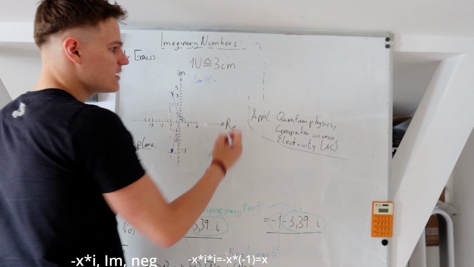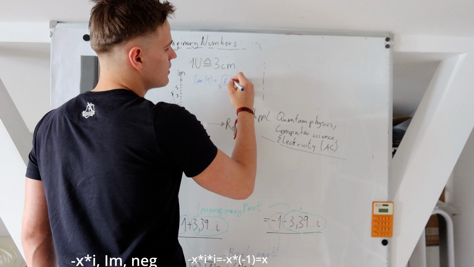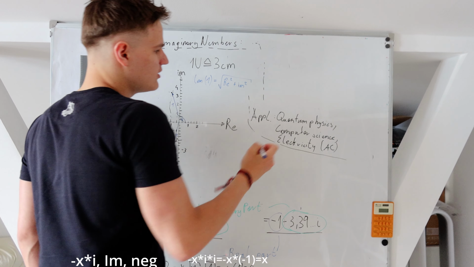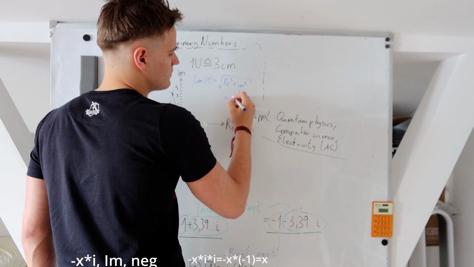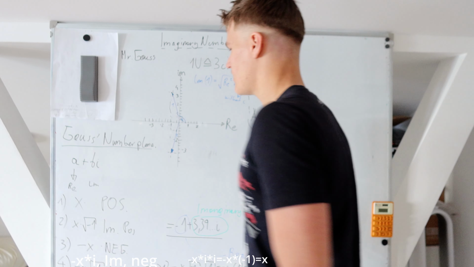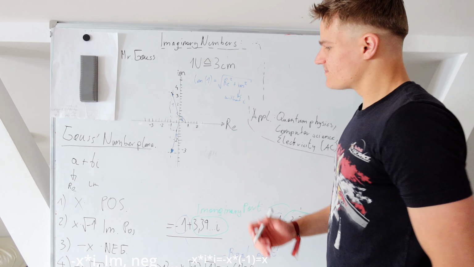So you actually just take the square root of the real part squared plus the imaginary part squared, without the i, right? And that is the way that you actually get the length of this, right? The length here is the same.